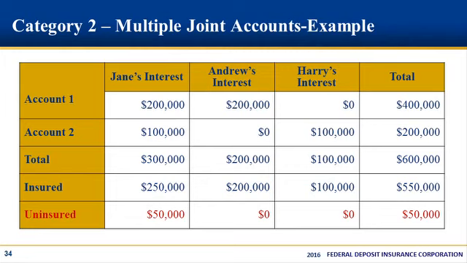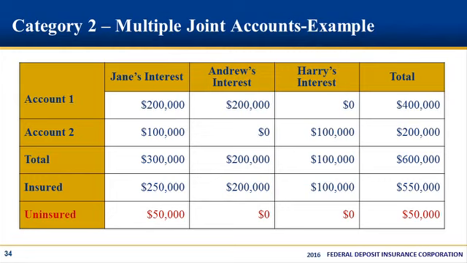Now, the most that any one person can have insured in all of their joint ownership deposits together is $250,000 per bank. And therefore, since Jane Smith has $300,000, she is uninsured for $50,000.